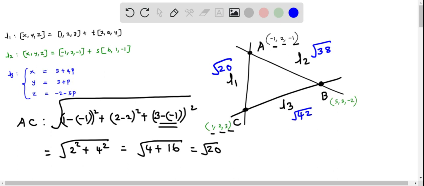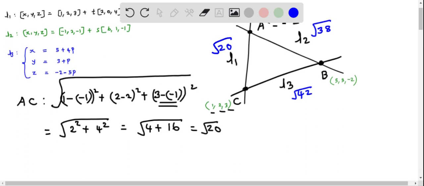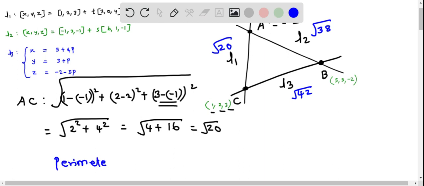So now we can calculate the perimeter of the triangle since we have determined all the side lengths. We say that the perimeter of the triangle ABC equals AB plus the side length BC plus the side length AC.